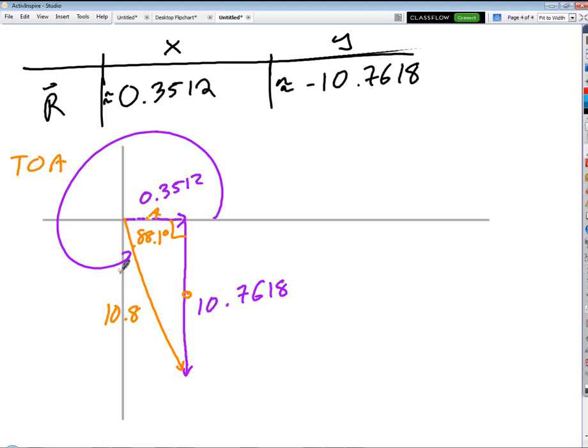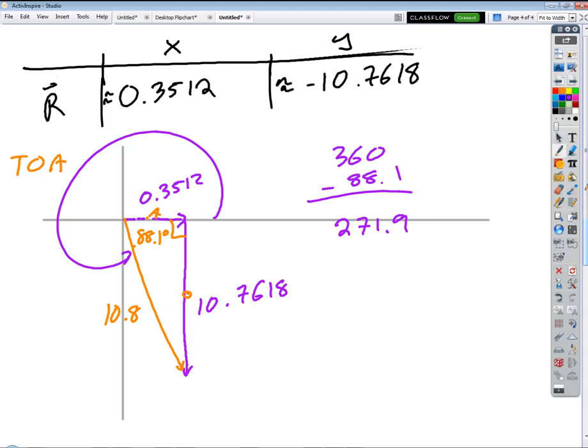Yeah, it's 360 minus that would give the answer to me, wouldn't it? Right? So what is 360 minus 88.1? What do we get? 271.9. Okay, everybody agree? So let's try those. 271.9 is my angle. You got to remember this.